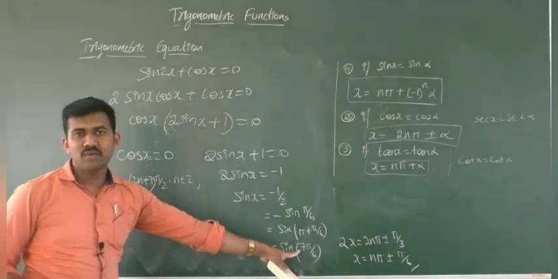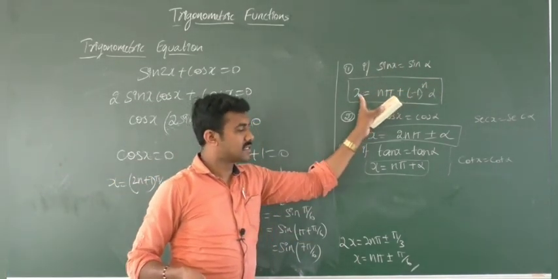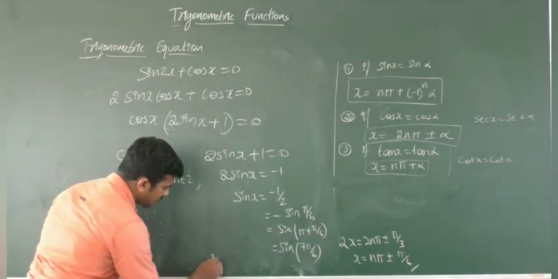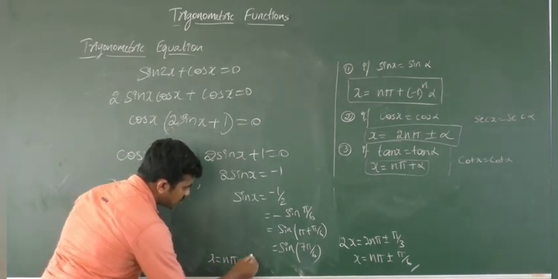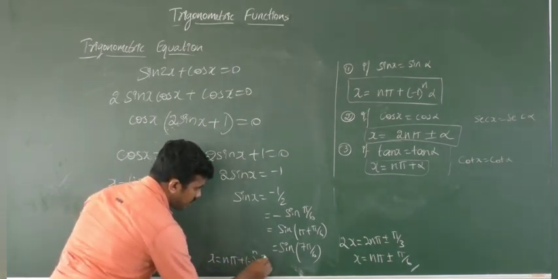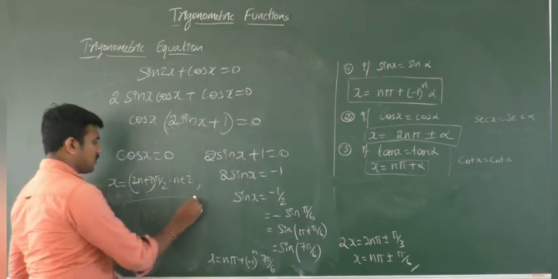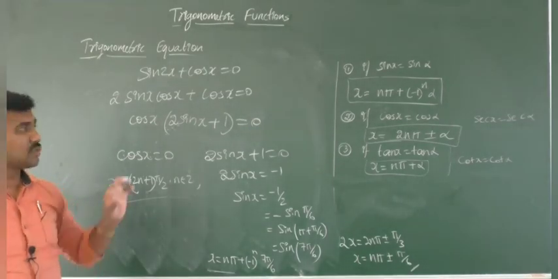So the alpha value is 7 pi by 6. If sin x is equal to sin alpha, then x is equal to n pi plus minus 1 to the power n into alpha, that is 7 pi by 6. So these two are the solutions. Did you understand how to find the solution?